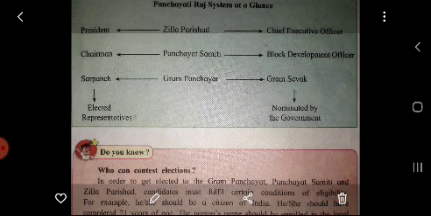Now, President, Chairman and Sarpanch, these are elected representatives. And Chief Executive Officer, Block Development Officer and Gram Sevak, they are nominated by the government. They are selected by the government. And your President, Chairman, Sarpanch, they are elected by voting.